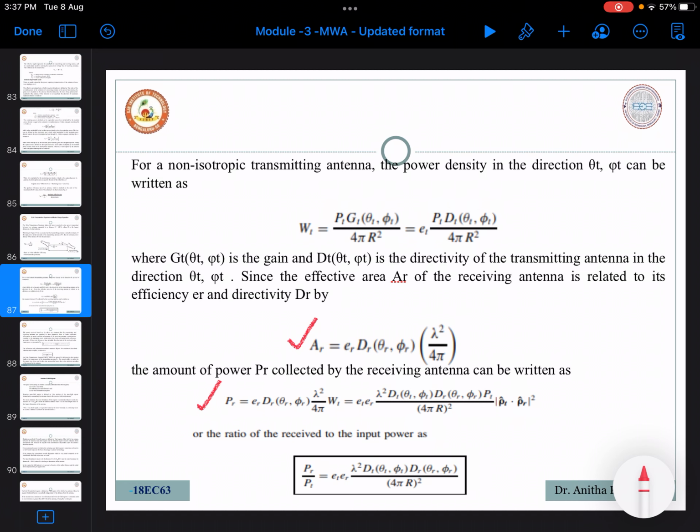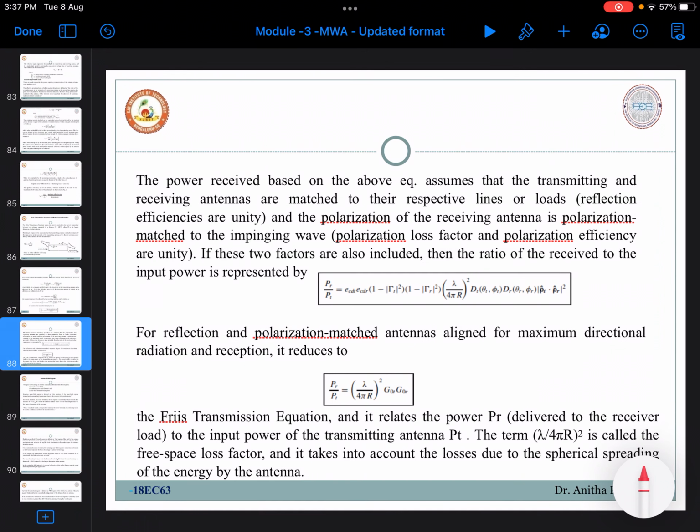Considering the effective aperture in between, you can relate the radiated power to the received power as efficiency ET into lambda square, lambda by 4 pi r whole square, dt into gt, or you can also write it as gt into gr into lambda by 4 pi r whole square.